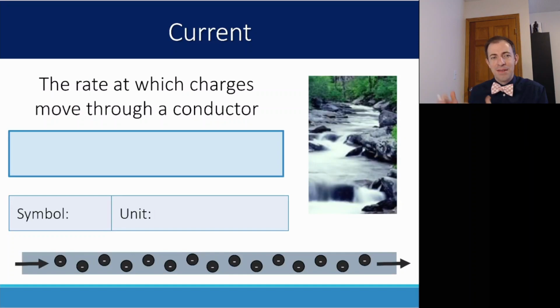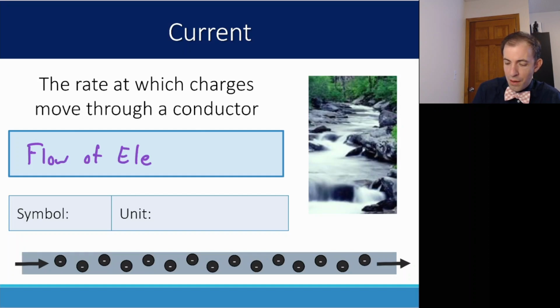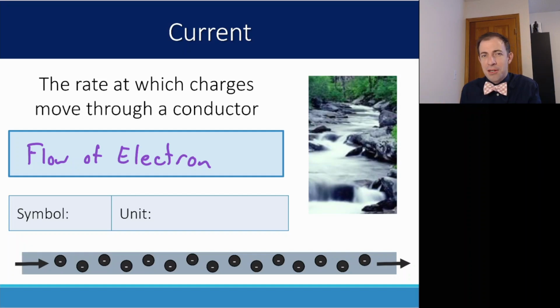So let's talk about what happens if these charges start to go in motion. The rate at which charges move through a conductor is known as the current. That's how we are going to describe the motion of these charges. You can think of it simply as the flow of electrons. So how fast these electrons flow through a wire will tell you what the current is.